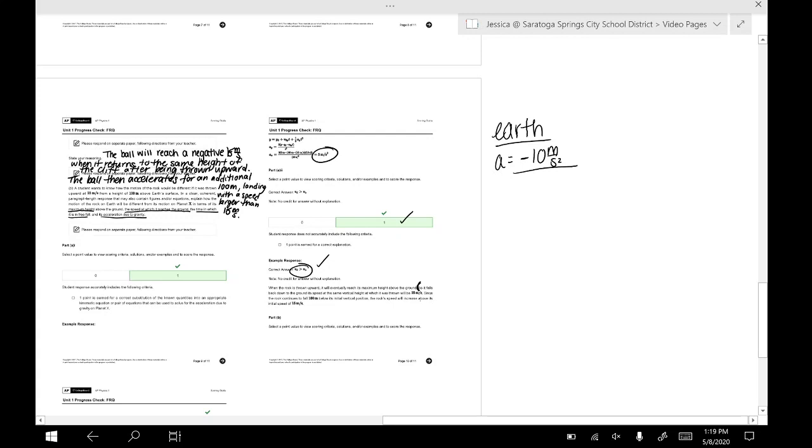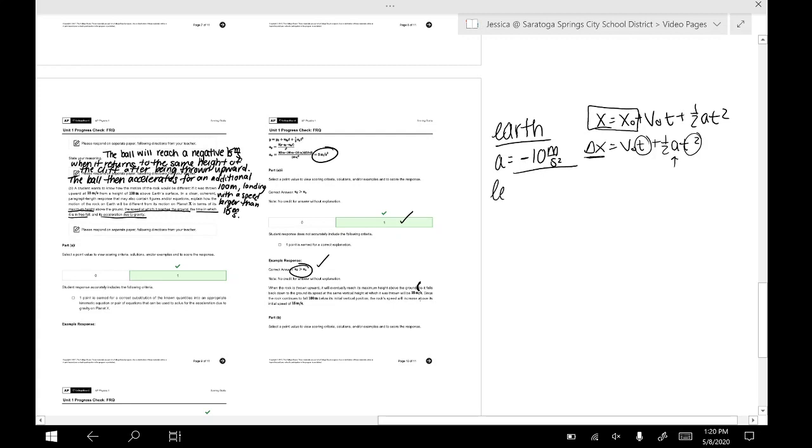Okay, so thinking back to that position versus time equation, if the change in x is the same and I'm increasing the acceleration, it makes sense that the time variables need to decrease.